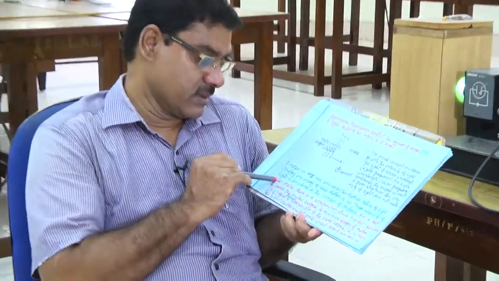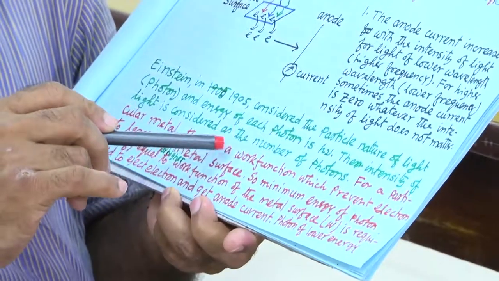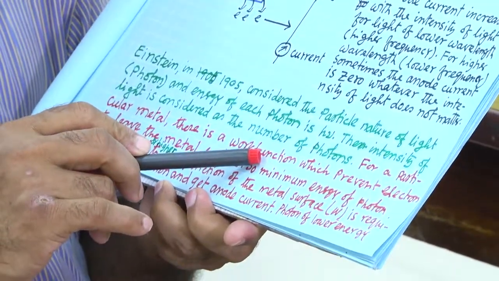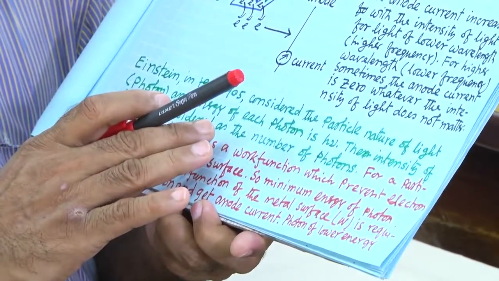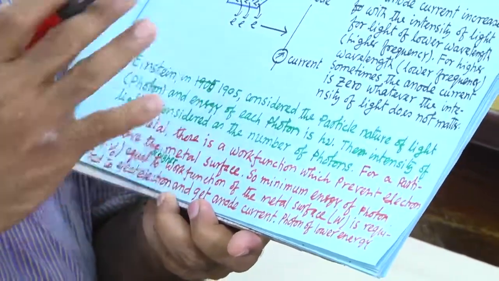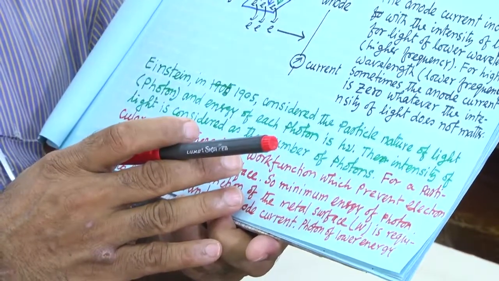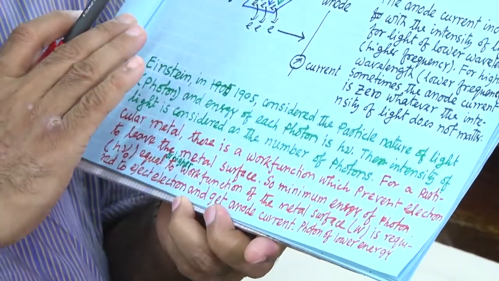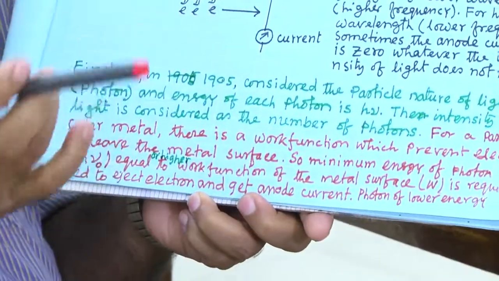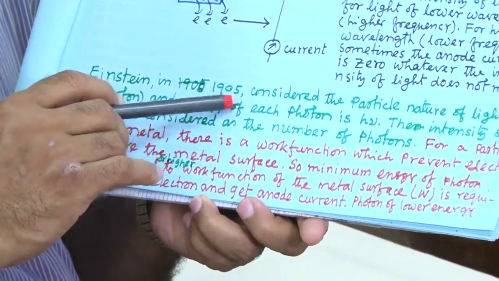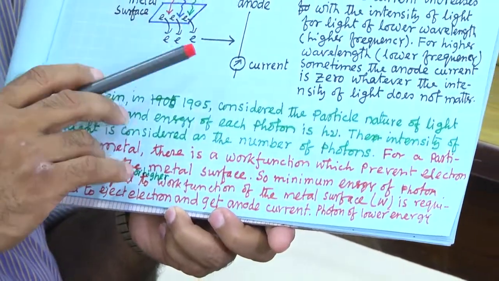For a particular metal there is a work function, meaning electrons are free in the metal, but they cannot come out from the surface. So you need minimum energy to release the electron from the metal surface.